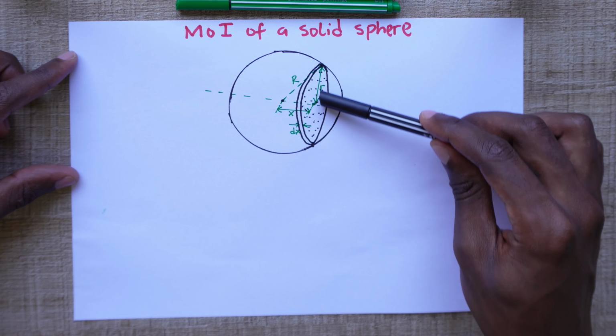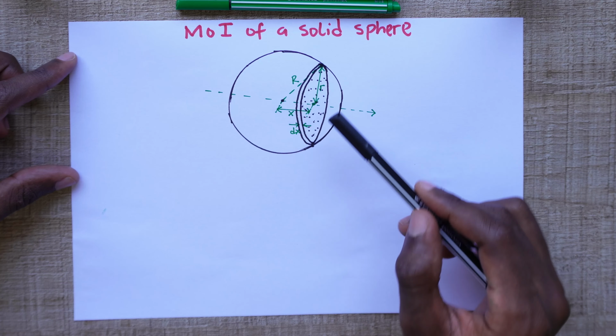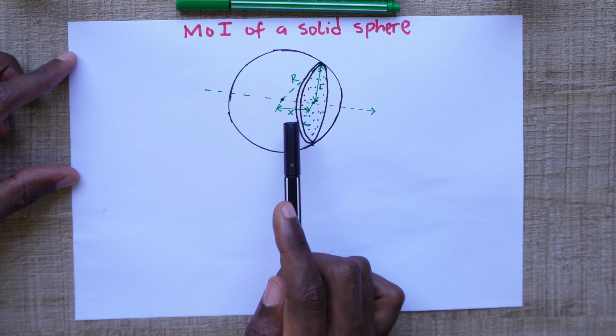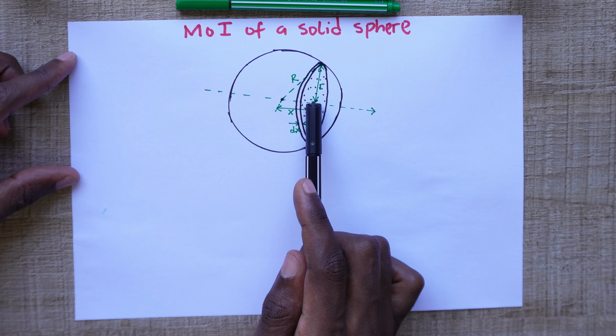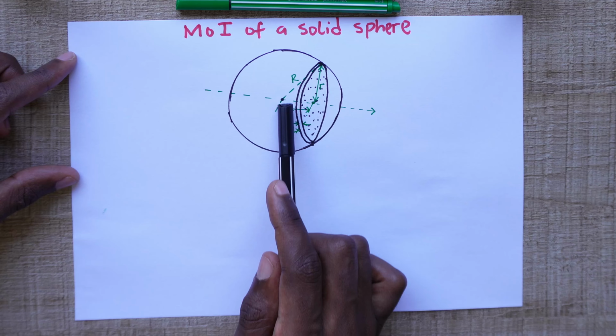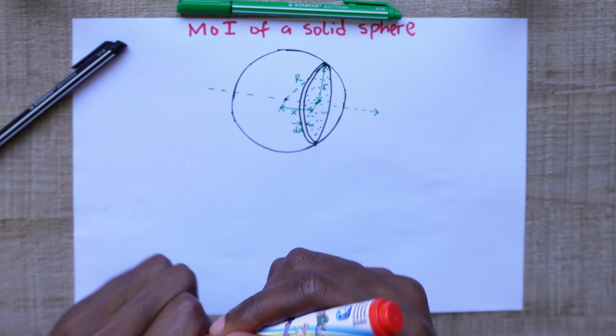The radius of our disk is small r, and capital R is the radius of the sphere. We assume that the center of the disk, which is our element, is distant x from the center O of the sphere.